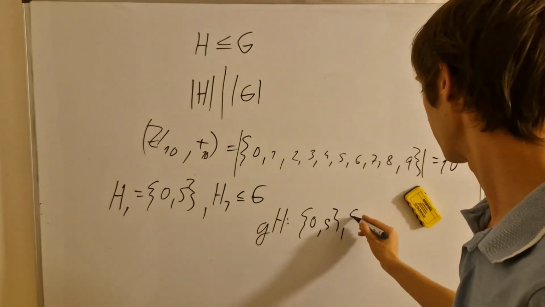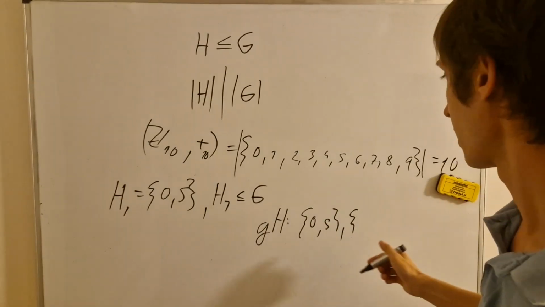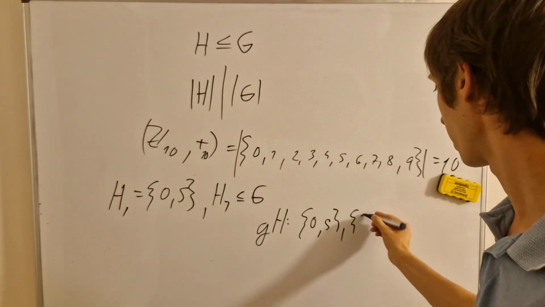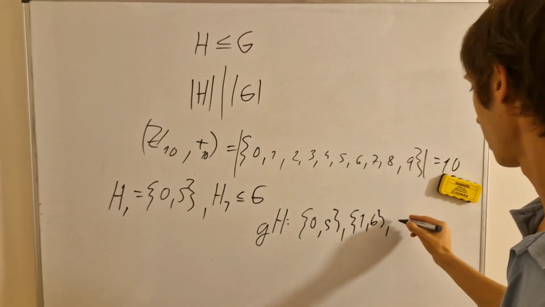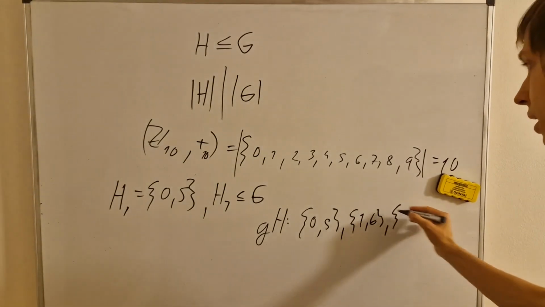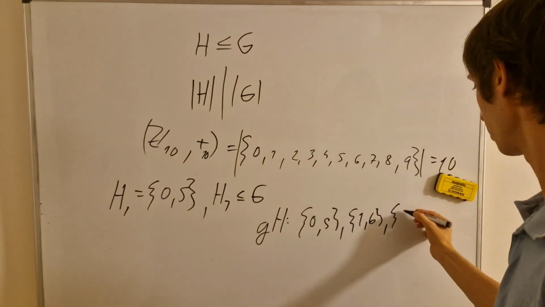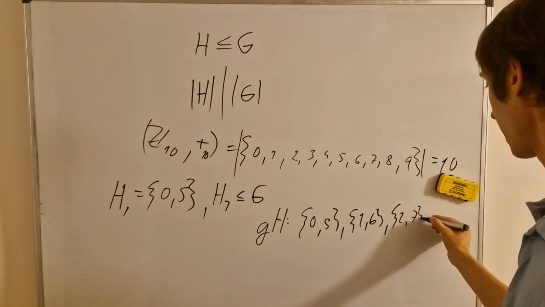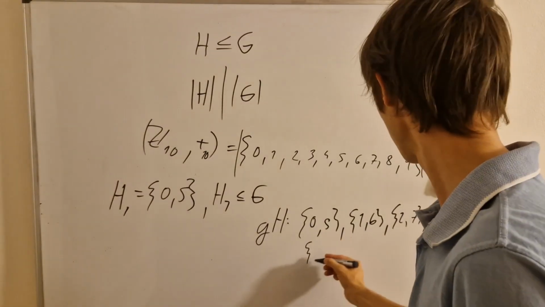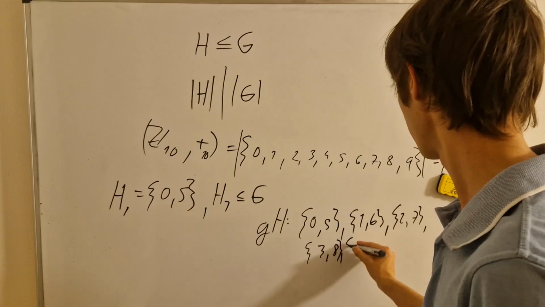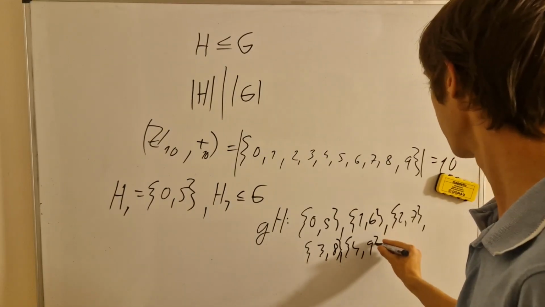Then I can just write like this, cosets, and I'll just list them as sets. If I choose another element from G, 1, it's going to be 1, 6. Then I choose 2 and put it in operation with each element of the subgroup, so 2, 7. And I continue as follows: 3, 8, 4, 9.